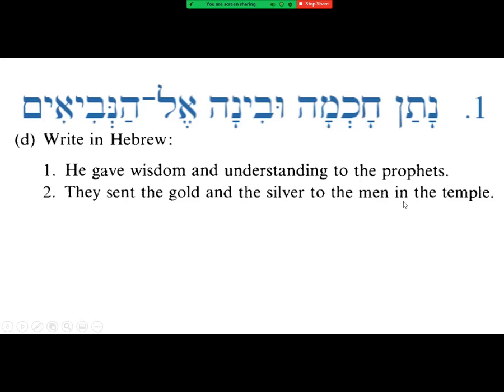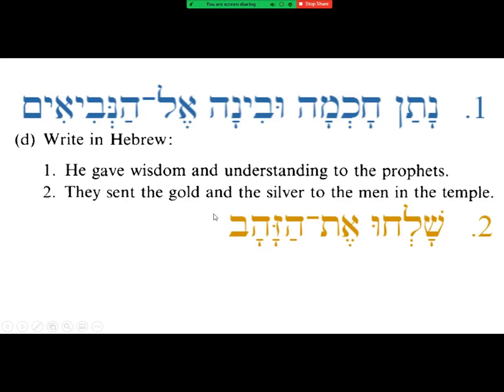They sent gold and silver to the men in the temple. Okay, so to send is going to be sholeach, and so it's going to be shalhu, they sent. The gold is et hazahav. Okay, and I put this in gold. Okay, so shalhu et hazahav. They sent the gold.